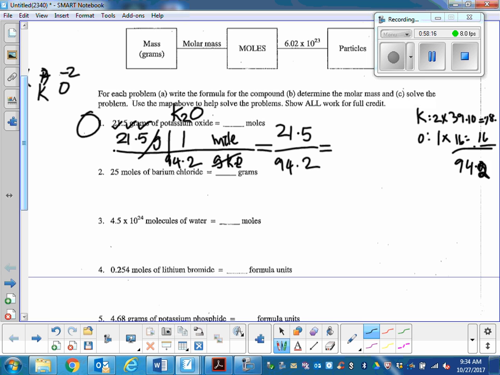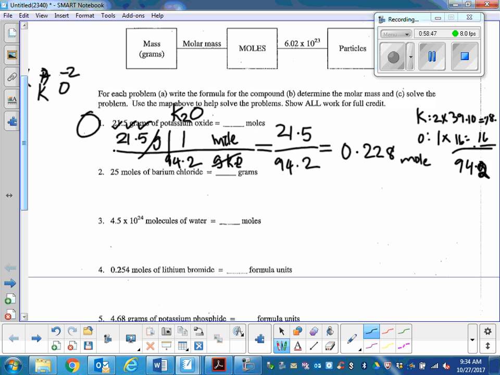You will have mole problems on your test again. The quiz next class will be on these mole problems. What is the answer here? If you divide, 0.228 is 3 significant figures, moles of K2O.